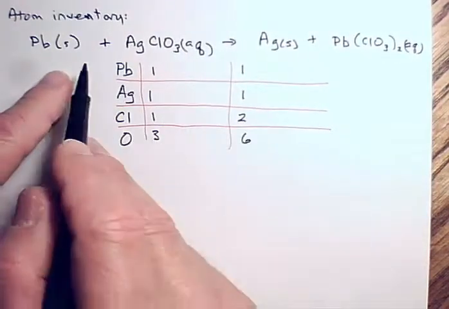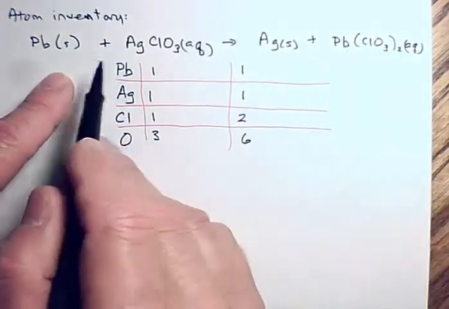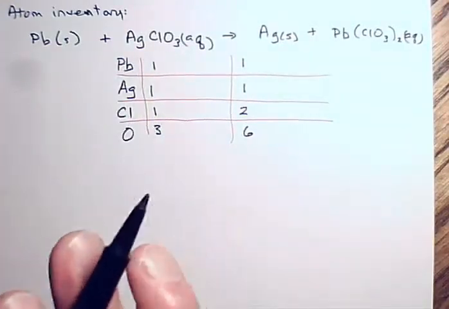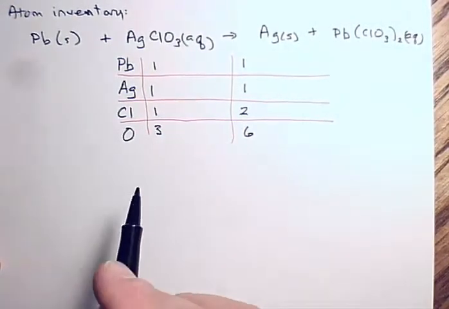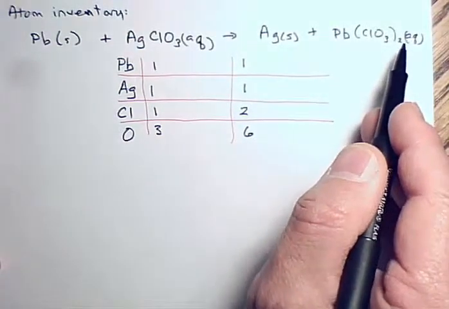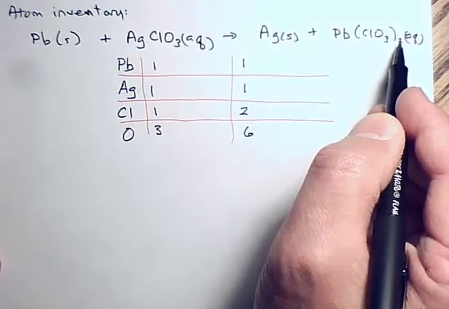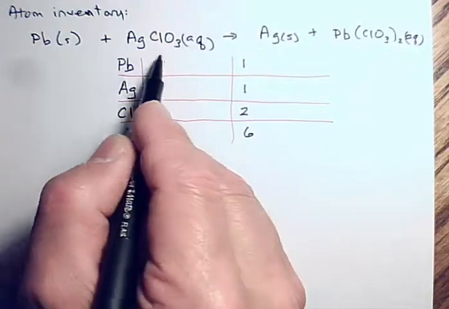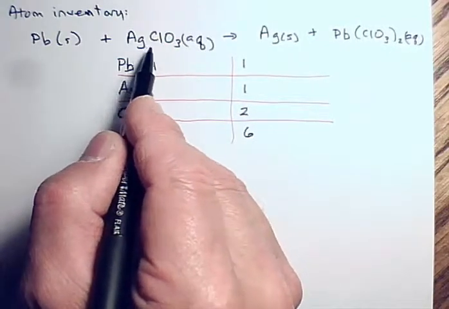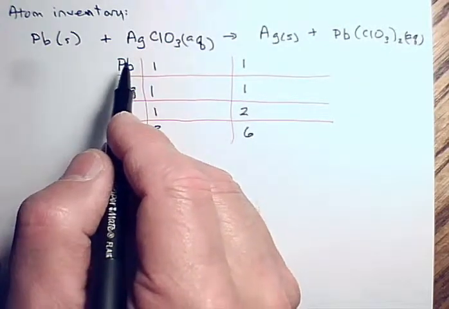So now, once you have balanced formulas, you can't change the subscripts inside the formula. So we can't change this 2 to a 3 to balance the equation. We can't put a 2 inside here to even out the number of chlorines and oxygens.